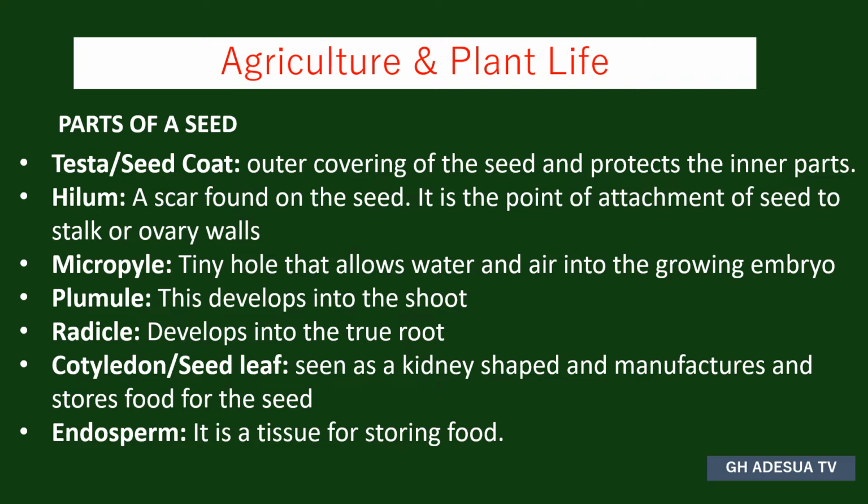One of the halves has a kidney-shaped part, and that part is called the cotyledon or the seed leaf. Then we have the endosperm. The endosperm is found within the cotyledon, and it's a tissue for storing food.